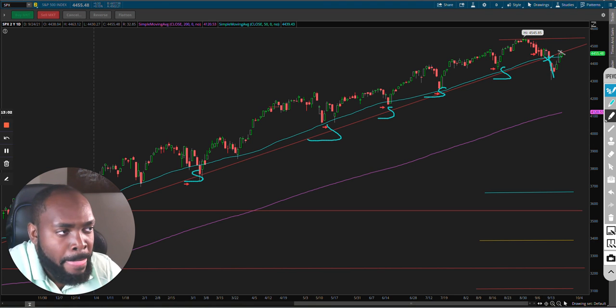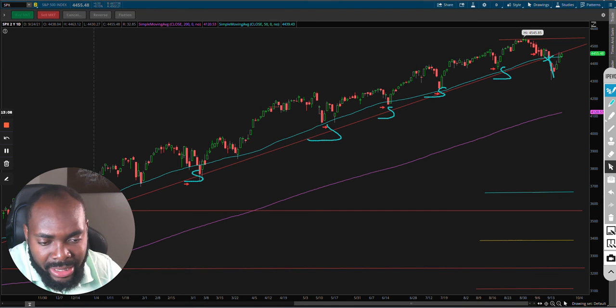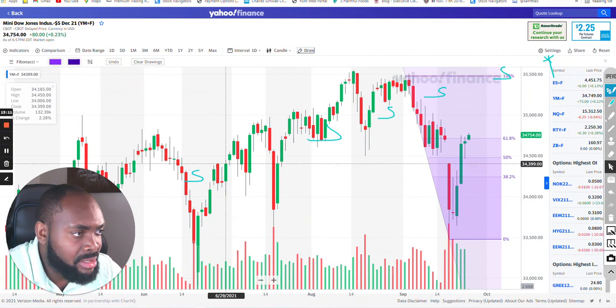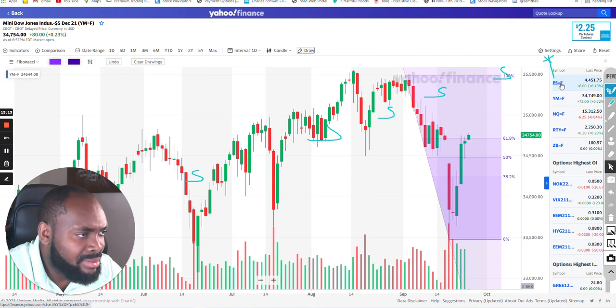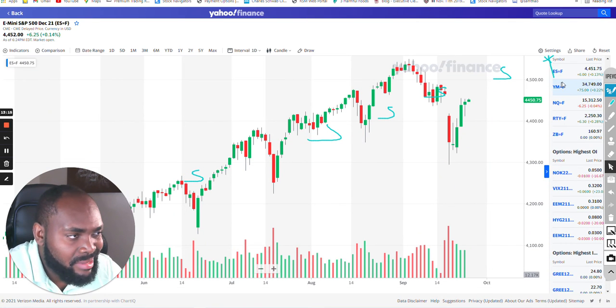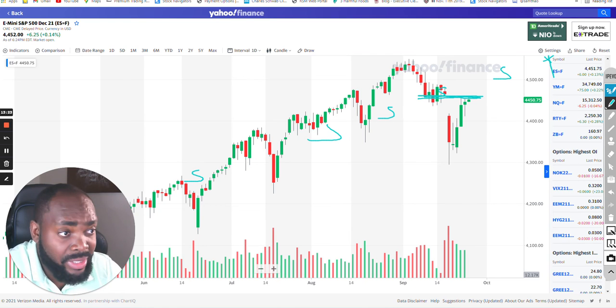So I'm looking at this two ways. Two things can happen. Currently, futures is up around 6 points. Nothing too interesting, right? Still need to get back above this level right here in order for us to move any higher.